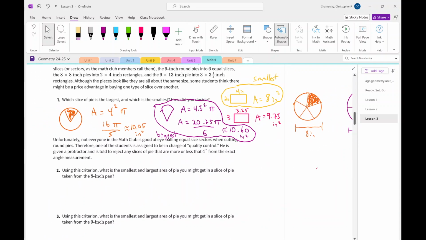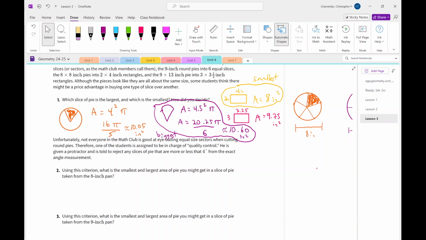Unfortunately, not everyone in the math club is good at eyeballing equal size sectors when cutting round pies. Basically, they're not perfectly accurate cutting it into fifths or sixths. So they might be off by a few degrees when they're cutting those angles. They're not using super precise instruments to get that perfect cut.